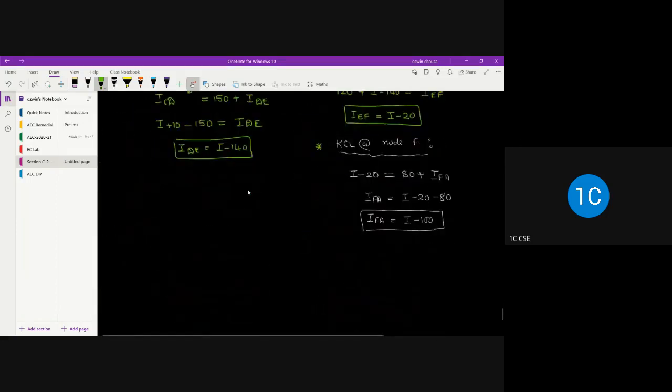Okay, let's cross check. So finally, let us apply KCL at node A. Someone else, you have to tell me.